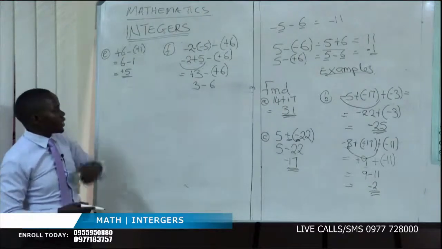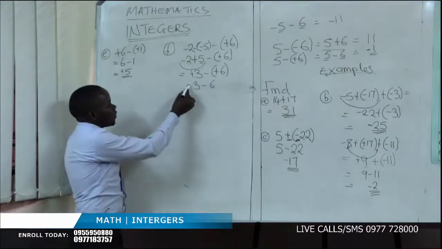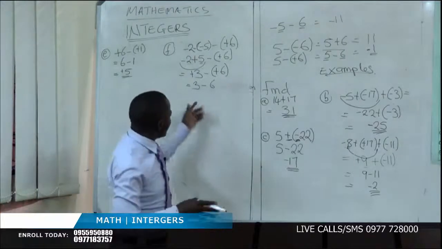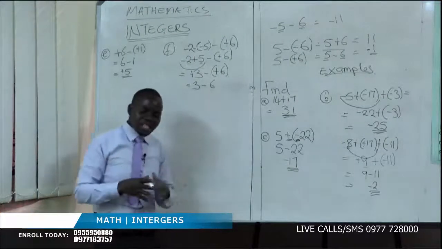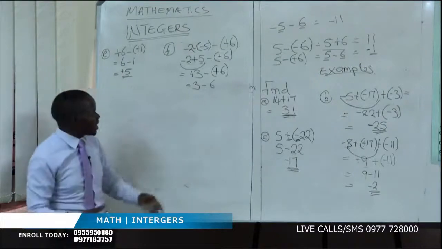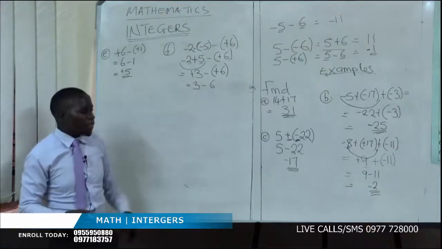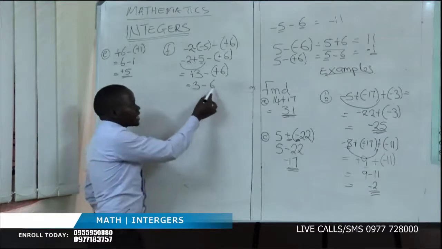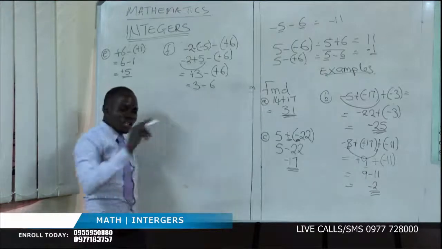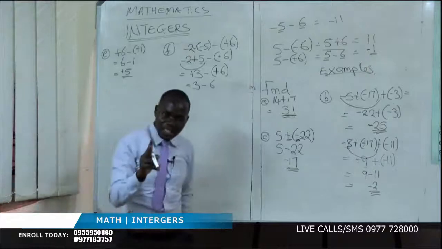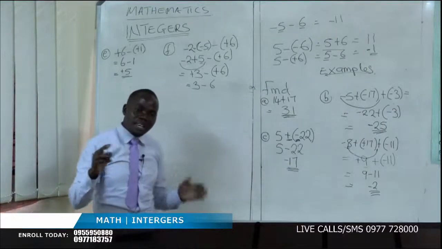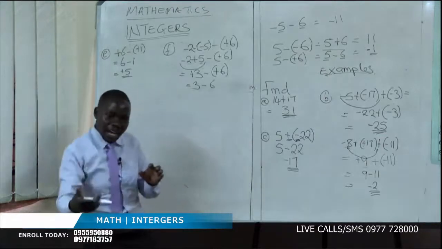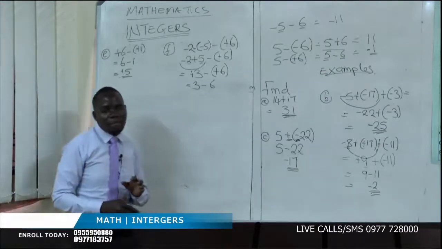So here you have it. It will become very easy. These two now, 3 minus 6, meaning that positive 3 minus 6. So just know that 3 here has got a positive sign, 6 here has got a negative sign. You have two different signs. Then you subtract the normal way of subtracting, then you carry the sign of the bigger number.